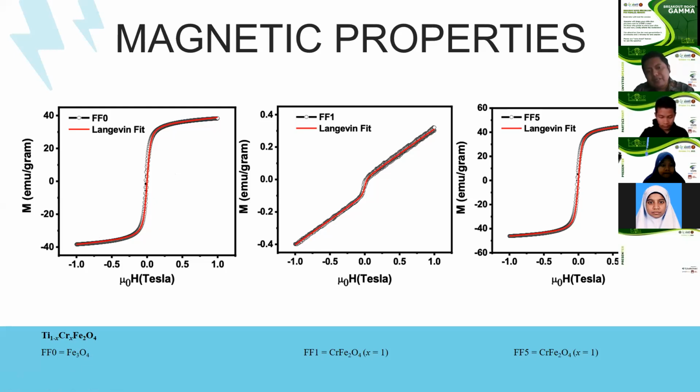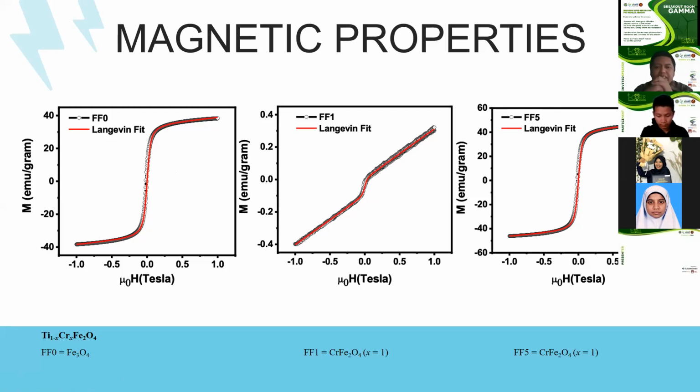Actually, ferrite is very magnetic, but when we produce the material in nanometric size, especially below 10 nanometers, we can produce it as superparamagnetic. So this is a very important requirement to produce magnetic fluid.